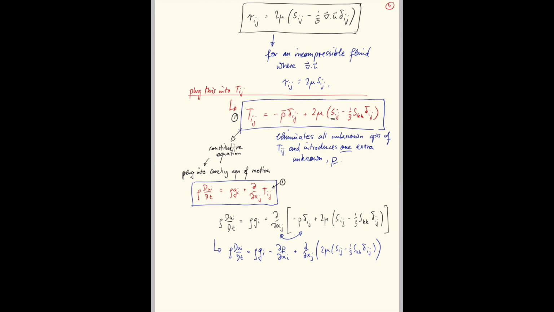For most cases, especially when temperature variations are small, we can say that the viscosity here is a constant. In that case, we can take mu out of the derivative and further simplify this last term here. That's the next thing we will do in a second.